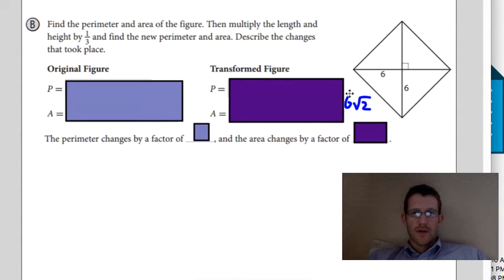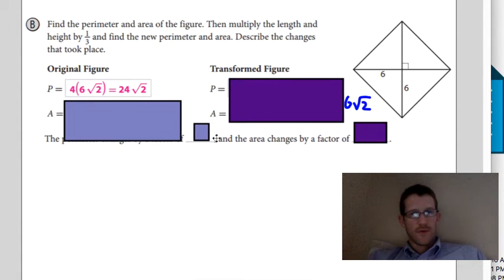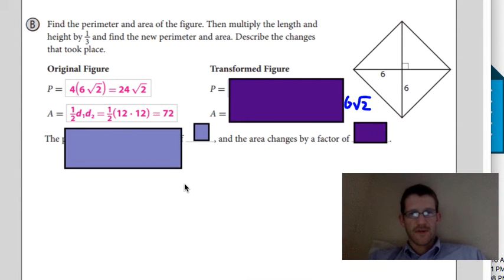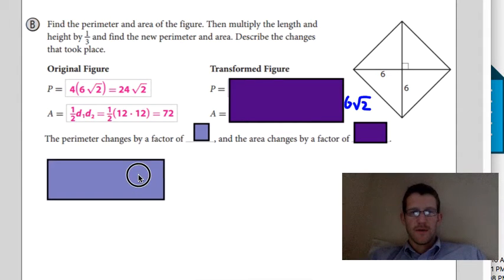So the perimeter is 24 square root 2, right? 6 plus 6 plus 6 plus 6. And the area is 6 times the square root of 2 squared, 36 times 2, or 72. Or you could use their formula, sure.